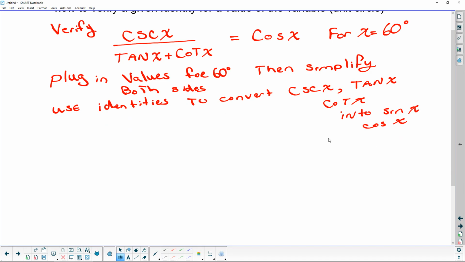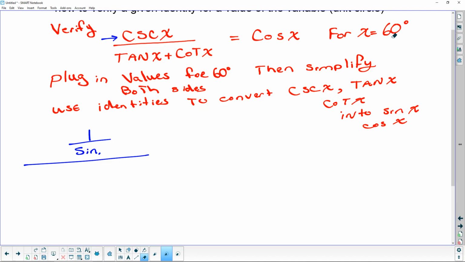That's 1 over sine. So we can start simplifying this one. This one here, that's 1 over sine x. Now tangent is the quotient identity. Actually, we can put 60 in because we're using 60 degrees.